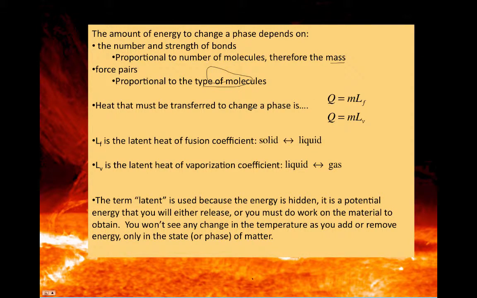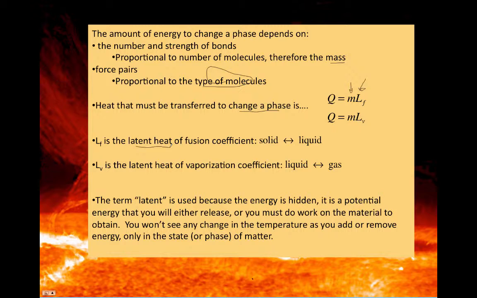So the heat that must be transferred to change a phase would be dependent upon the mass and the type of molecules. So kind of like a specific heat, we have another coefficient. This coefficient is the latent heat coefficient. Latent because we can't really see it well at all. And heat because we're still talking about thermal energy.